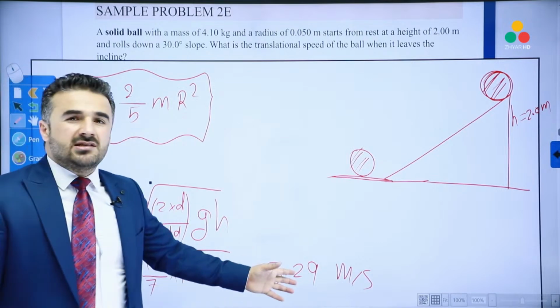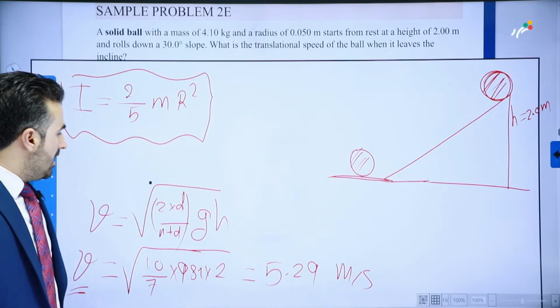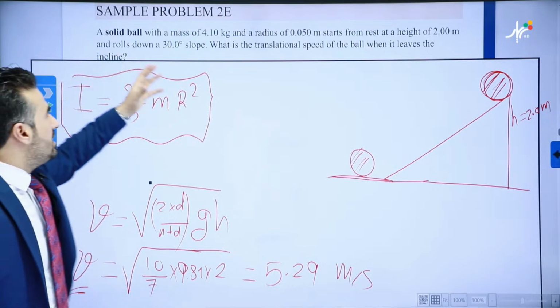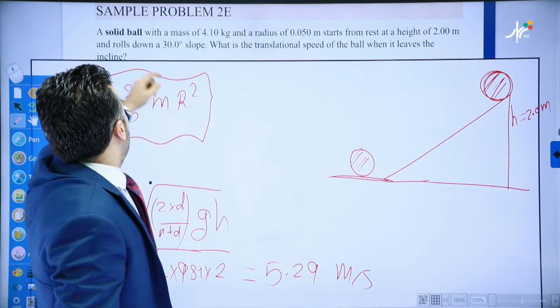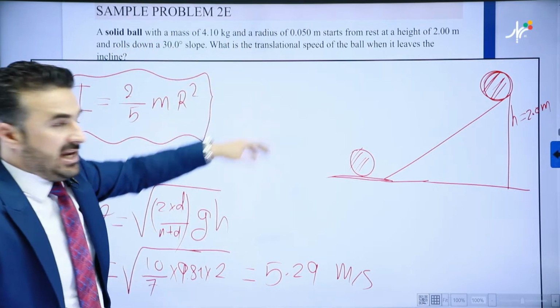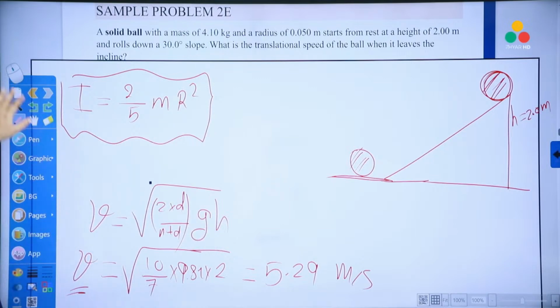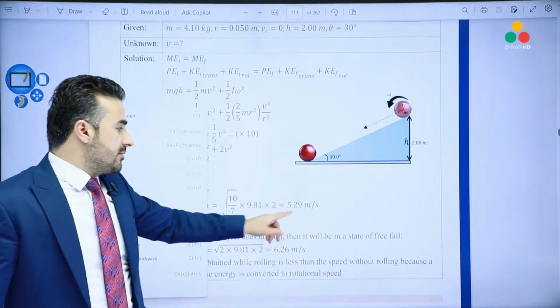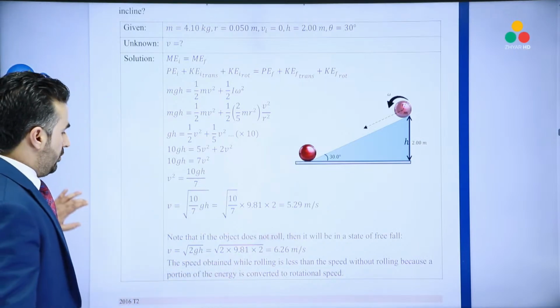This is how easy it is. Using just one step you can find the answer without needing the mass, the radius, or even the angle of the incline. But in different situations we might need the angles. So the answer is 5.29.